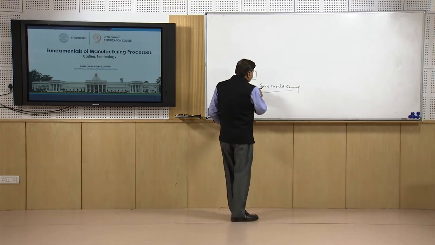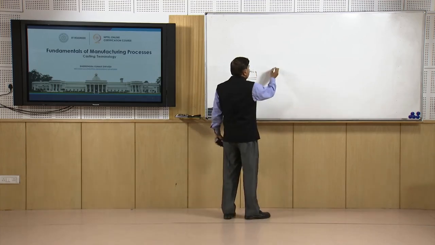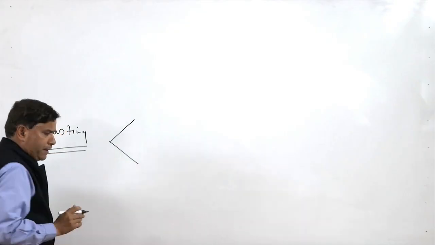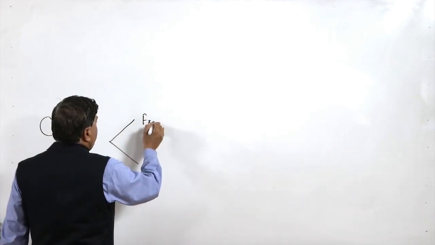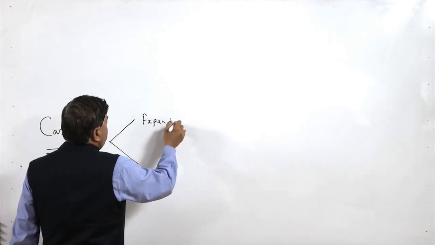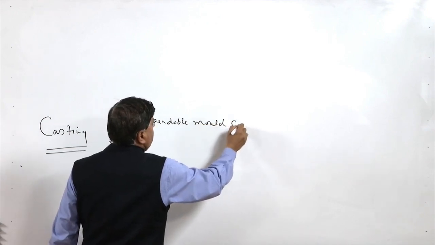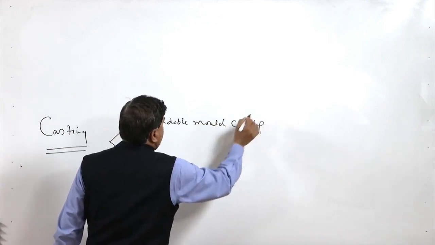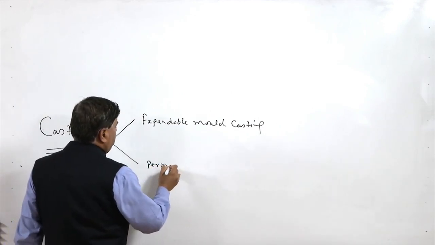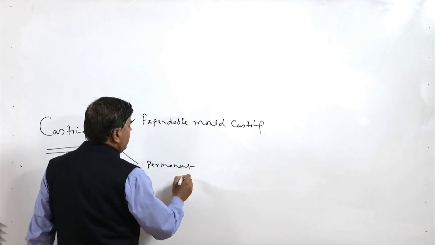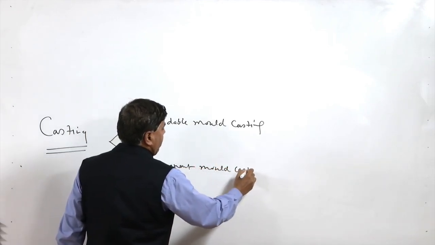As far as the molding is concerned, casting processes are grouped under two broad headings. One is expendable mold casting, and another is permanent mold casting.